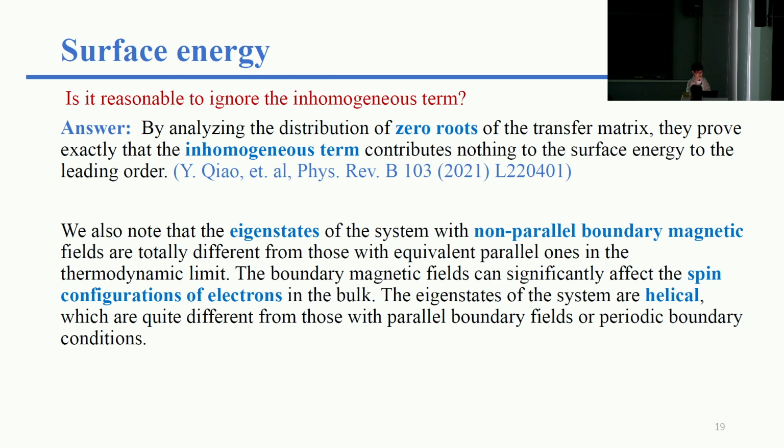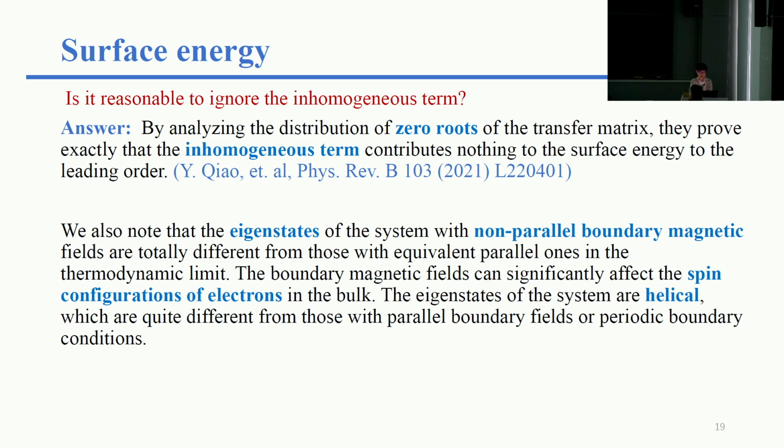Here we should also note that we ignore the inhomogeneous terms because what we want to know is the surface energy in the thermodynamic limit. If you are interested in the eigenstates of the system with nonparallel boundary magnetic fields, they will be totally different from the equivalent parallel ones in the thermodynamic limit.